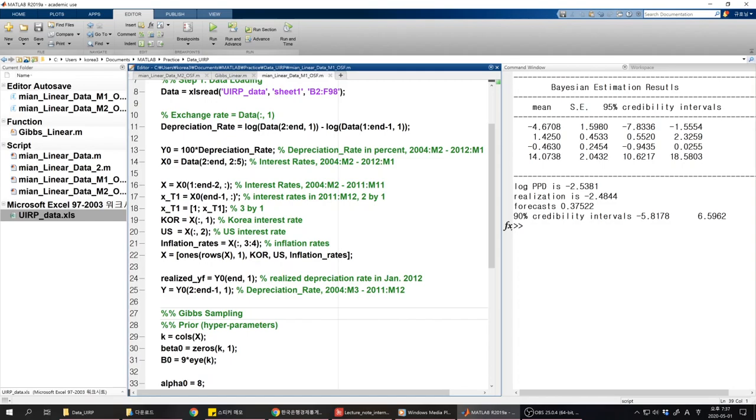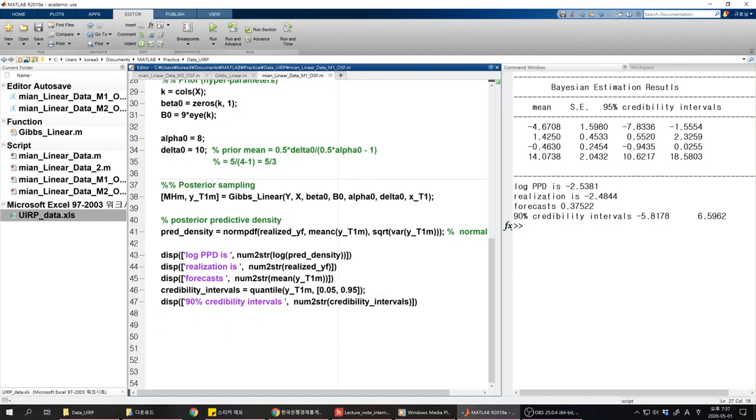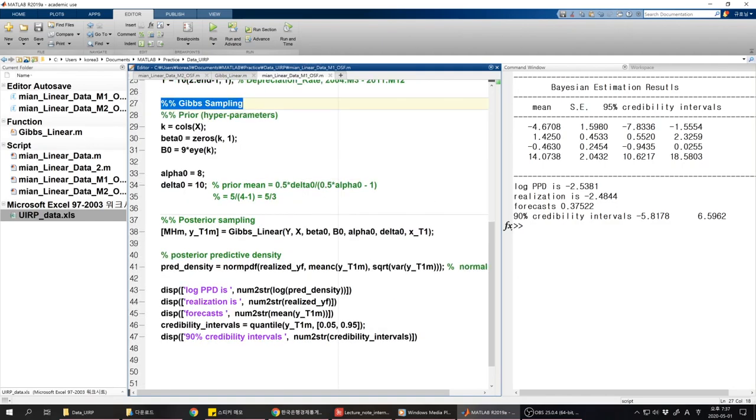Once you specify the regressors and of course SKT1, then it's done. Nothing to change, particularly after this line, because this part is so general. It can be used for any number of regressors.